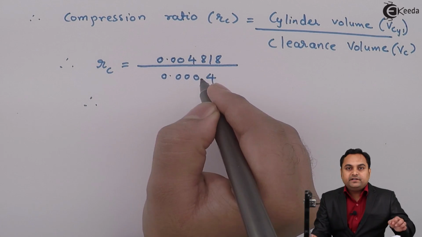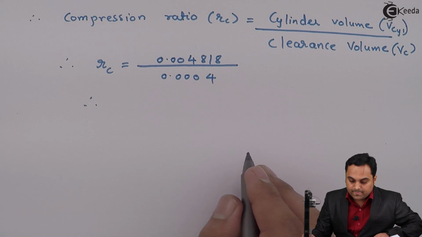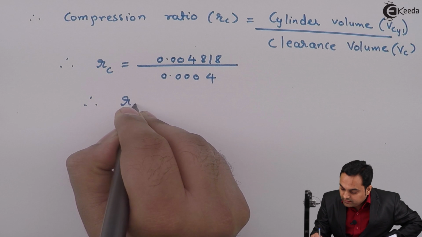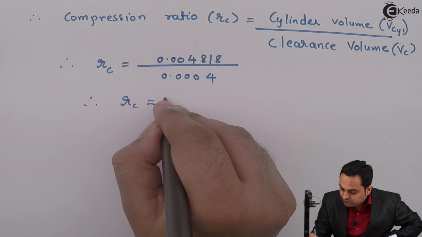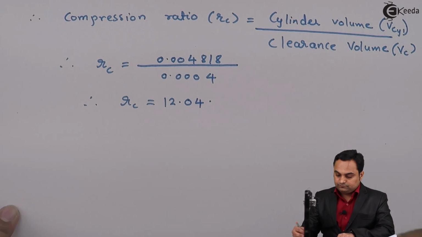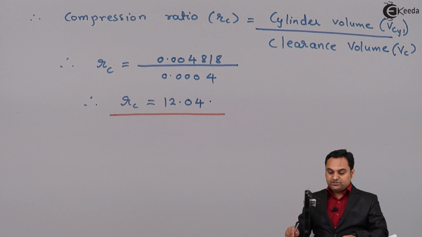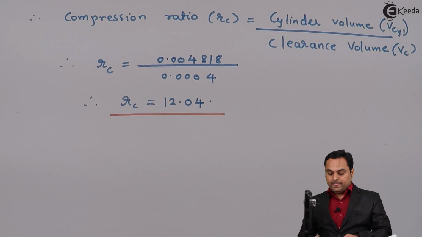On calculating this, I get the compression ratio, and my answer is R suffix C equal to 12.04. This is the value of compression ratio which we are getting.